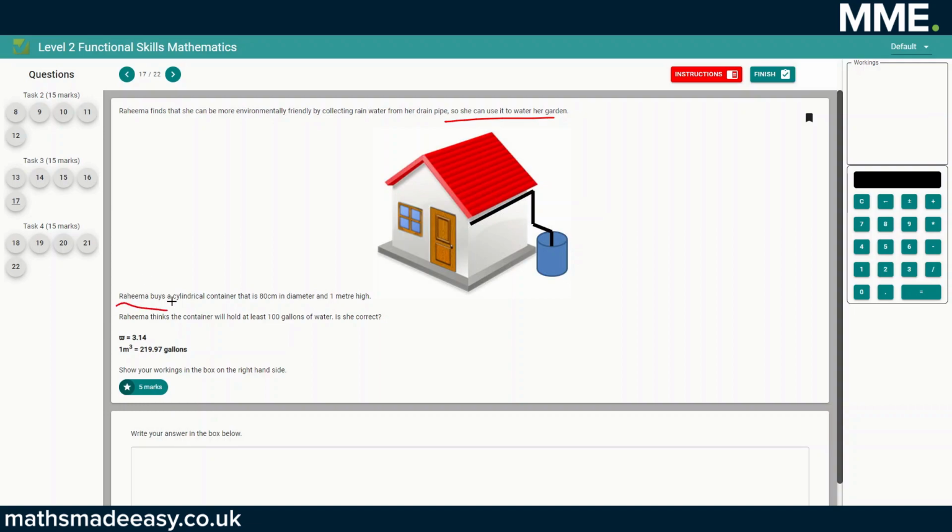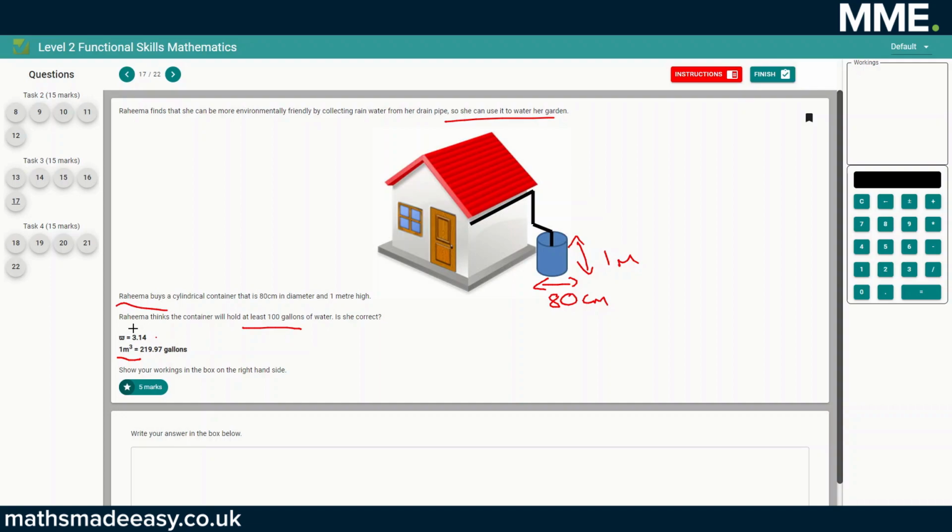So Rahima buys a cylindrical container, shown here, that is 80 centimetres in diameter, and the total height is 1 metre. We're told that Rahima thinks the container will hold at least 100 gallons, and we have to determine whether she's correct or not. We're given a conversion factor between metres cubed and gallons, and also a value for pi.